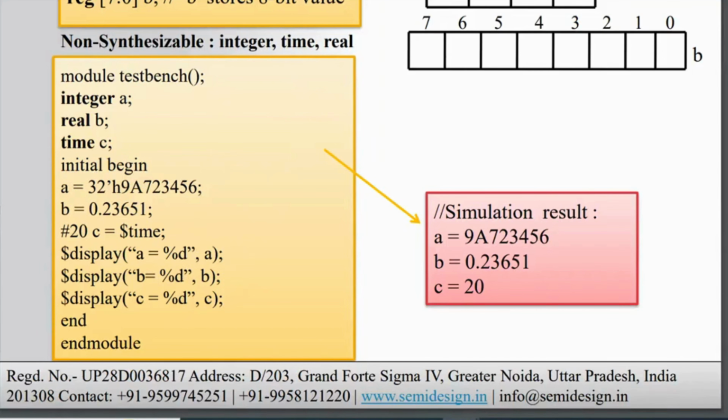We'll see one example. Integer A, real B, time C. For integer, we are assigning some 32-bit value. I already told you how we define values in Verilog.